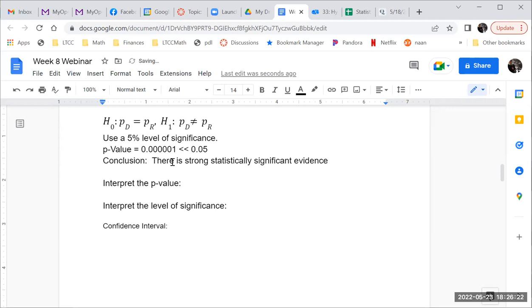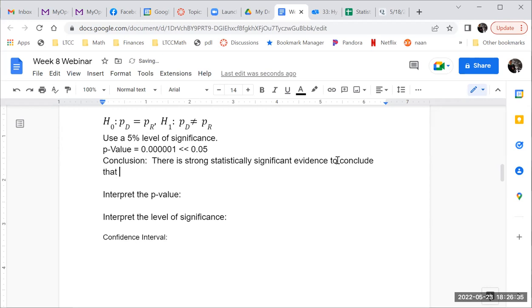Doesn't this sound the same as last week? And you could even really emphasize, say very strong if you wanted to, because it's such a small p-value. To conclude that, and now remember, the keyword here is you have to emphasize that you're talking about the entire population and not the sample.